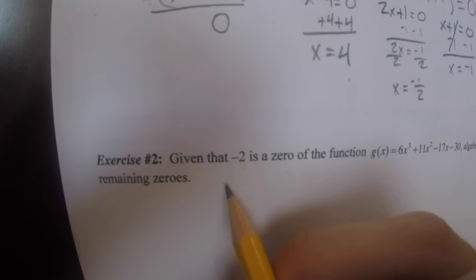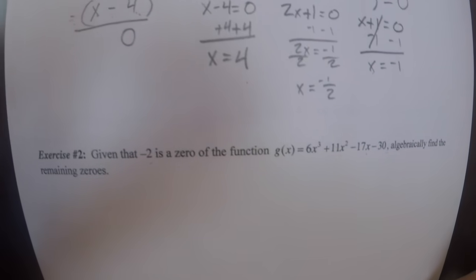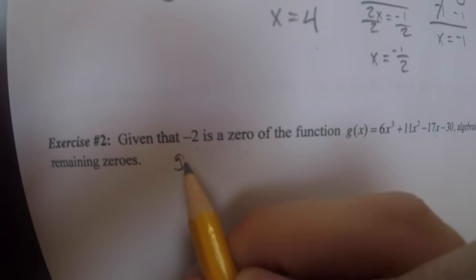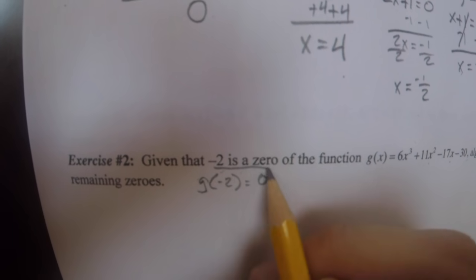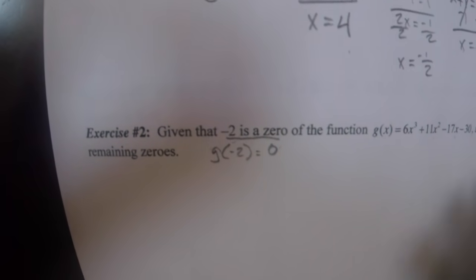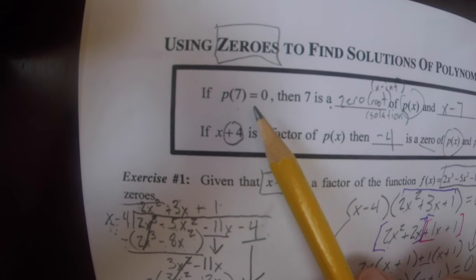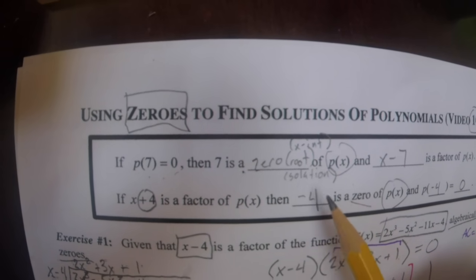-2 is a 0. That means if I were to plug in -2 for x here, I get 0 as my output. g of -2 would be 0 because it's a zero. Jump back up to the top and think back to our last lesson. If P of 7 equals 0, then what was a factor?